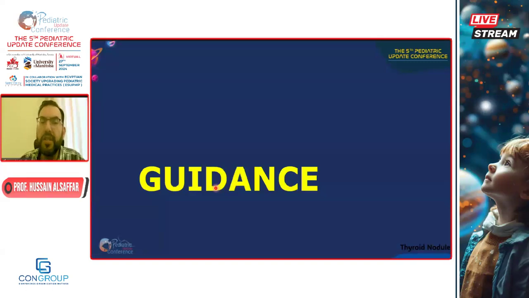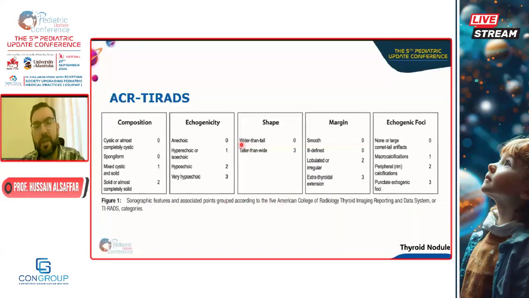So for those reasons, the guidelines leave the decision to be shared between the physician and the patient after explaining all that we've said. It's a shared decision whether we're going to go ahead with neck palpation as a mode of surveillance or ultrasound as a modality of surveillance later on.